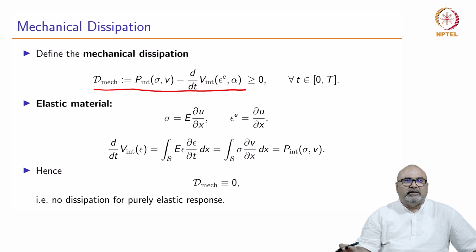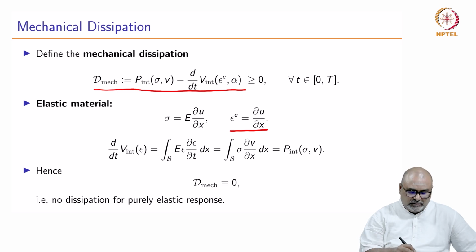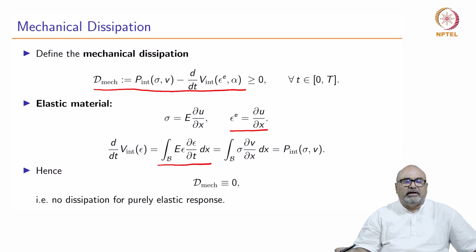For an elastic material, sigma is equal to E times ∂u/∂x, where ∂u/∂x is defined as the elastic strain, and d/dt of V internal of epsilon is E times epsilon times ∂epsilon/∂t times dx, which is simply the integral over the domain of sigma ∂v/∂x dx, equal to P internal of sigma, v.